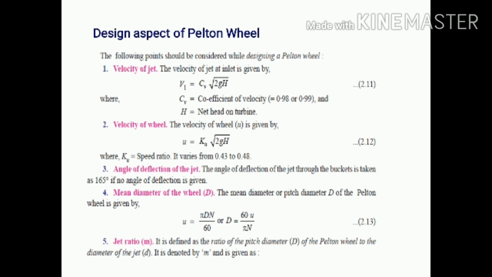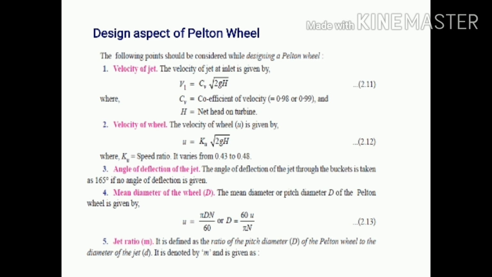Remember that if the angle of deflection is 165 degrees, then by the Z rule, if you look at the velocity triangle, the angle phi comes to 15 degrees. So in short, if it is not given, then we take phi as 15 degrees.